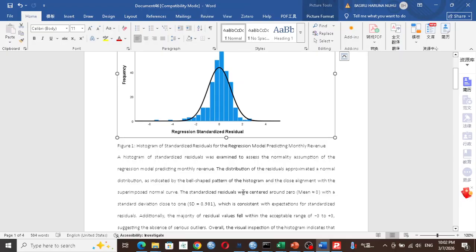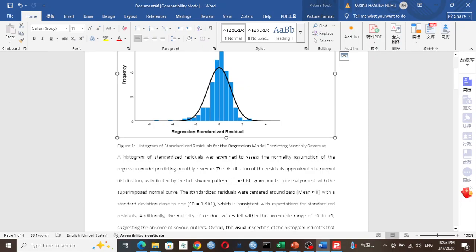The standardized residuals were centered around 0, that is, the mean is approximately 0, with a standard deviation closer to 1, that is 0.981, which is consistent with expectations for standardized residuals.